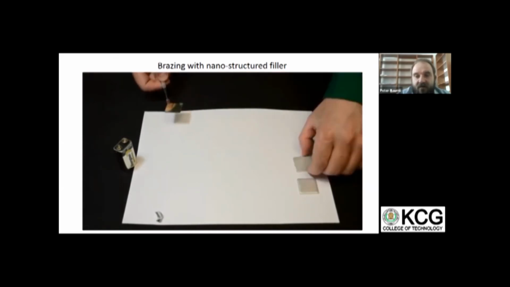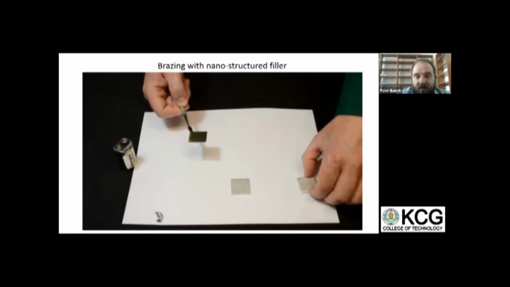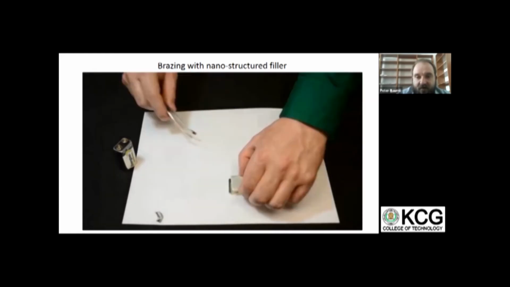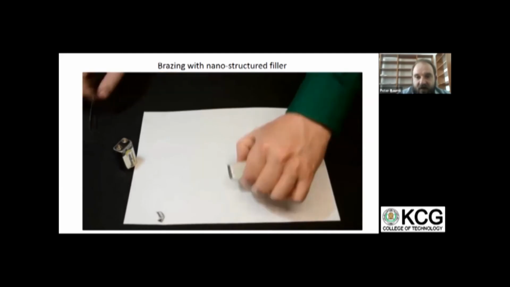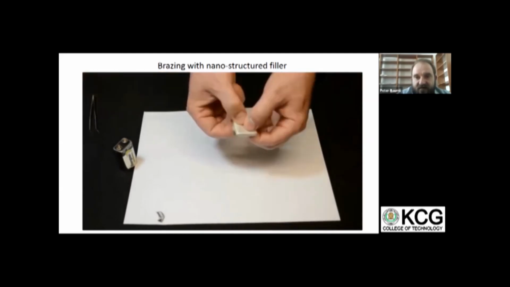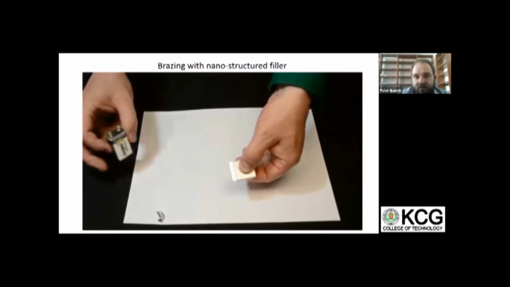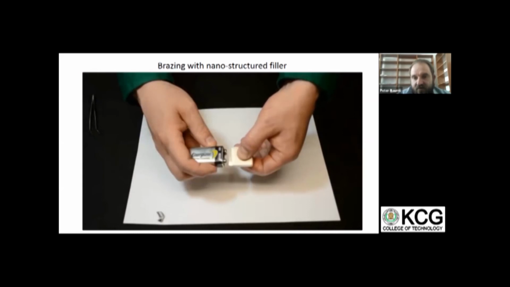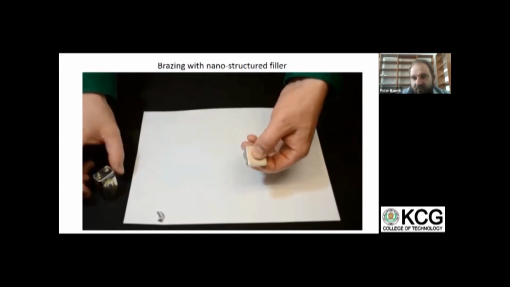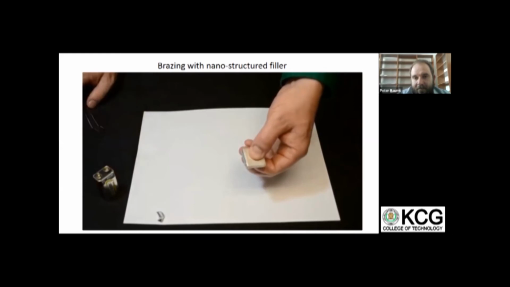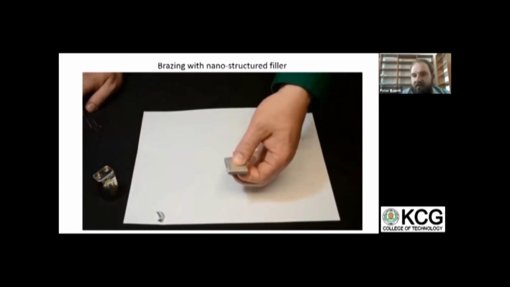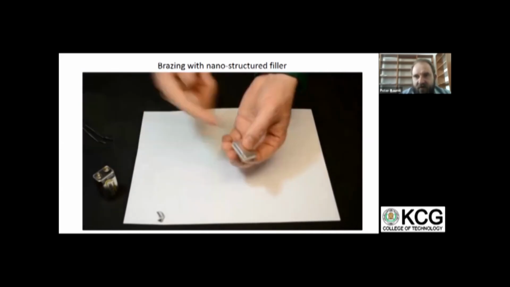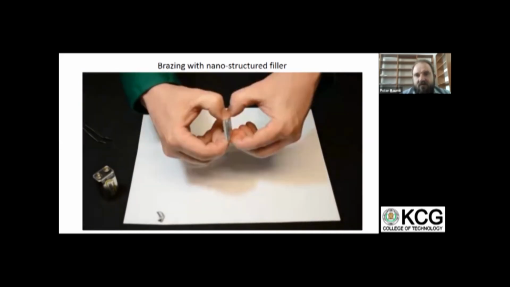Here the guy places this nanostructured brazier between two metals, and with a very small electricity, he is able to braze the metals to each other. And the metal is brazed together very strongly.